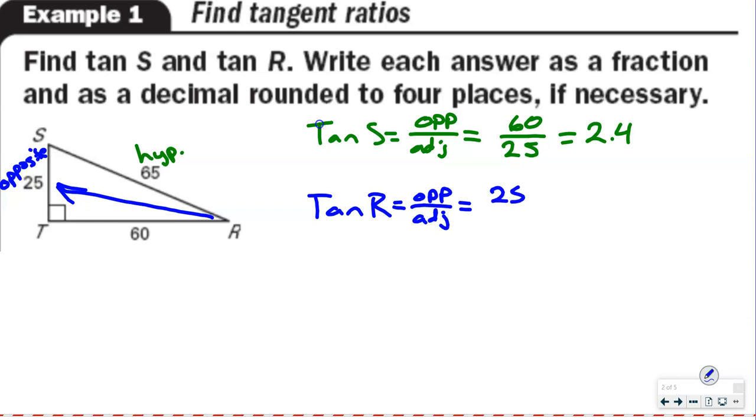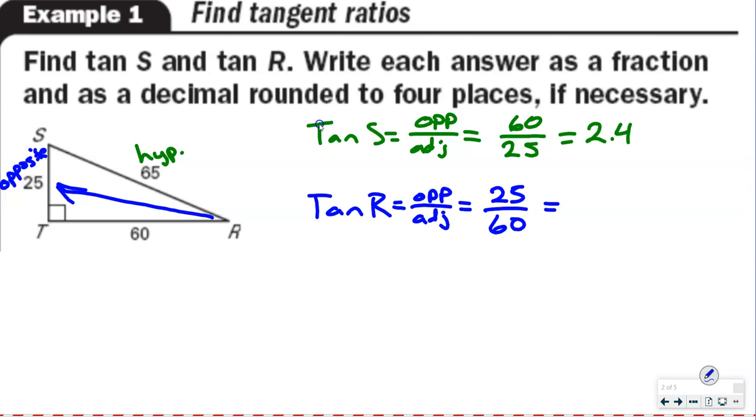So now we have 25 over 60. 60 being the adjacent side or the adjacent leg to angle R. Remember, in tangent, we do not use the hypotenuse. We'll use that in sine and cosine. So now we've got our fraction, 25 over 60. Let's punch that into our calculator.